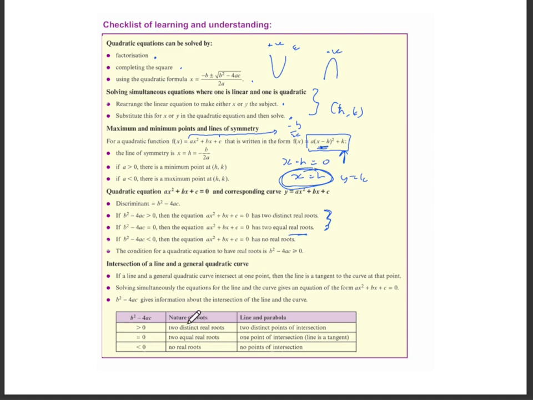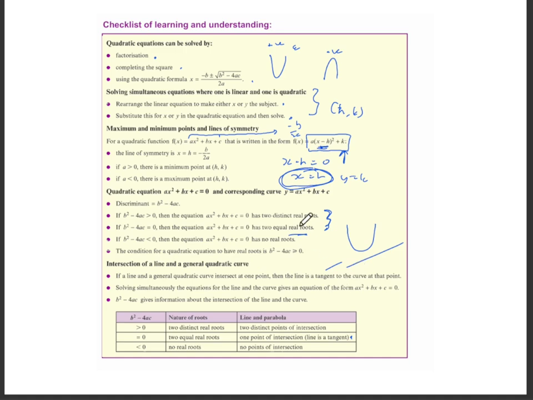So if it's a tangent, remember, then we use b squared minus 4ac equal to 0 after you equate it to 0 after the substitutions. And if you want 2 points of intersection, then b squared minus 4ac is greater than 0. And finally, if you want no points of intersection, meaning the line and the curve do not meet at all, then you want b squared minus 4ac less than 0.